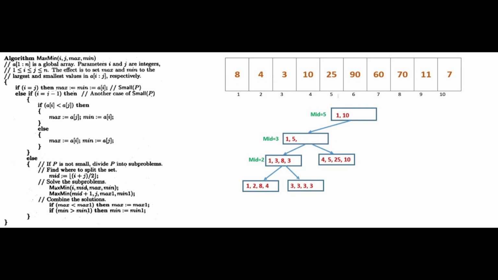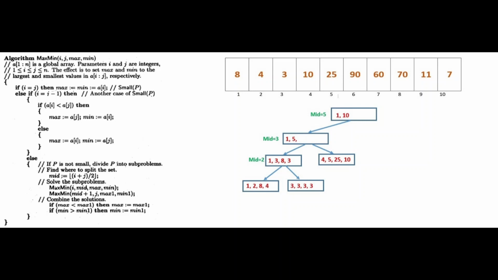In the if checking, if max less than max 1: max is 8, max 1 is 25. So 25 is greater, so 25 is assigned to variable max.